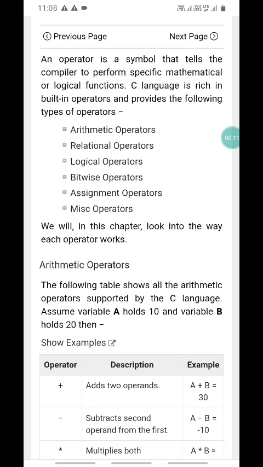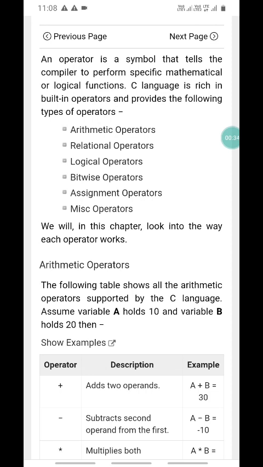An operator is a symbol that tells the compiler to perform a specific mathematical or logical function. C language is rich in built-in operators and provides the following types of operators. Operators are just like plus, minus.